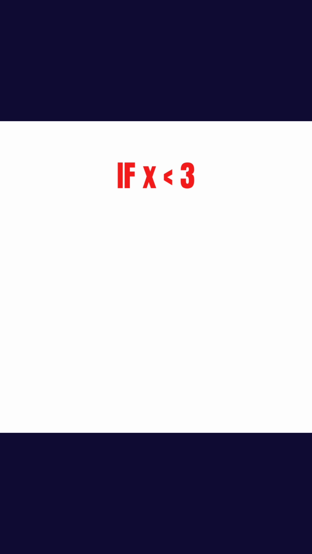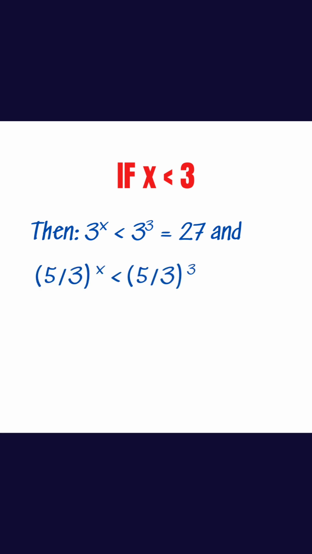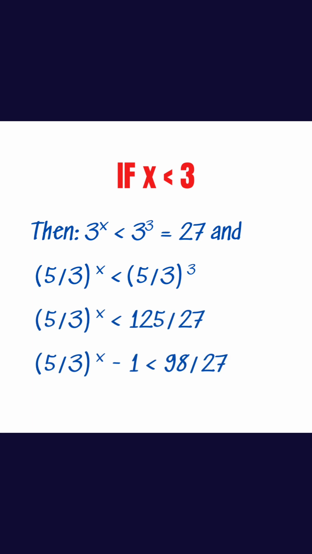Now suppose x is less than 3. Then, 3 to the power x is less than 3 to the power 3, which equals 27. And 5 divided by 3 raised to the power x is less than 5 divided by 3 raised to the power 3, which equals 125 divided by 27.